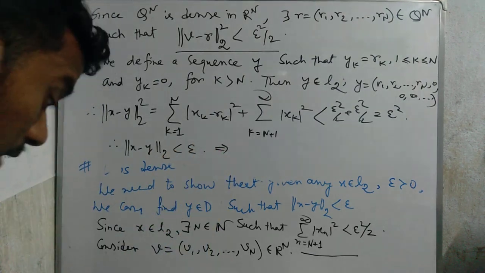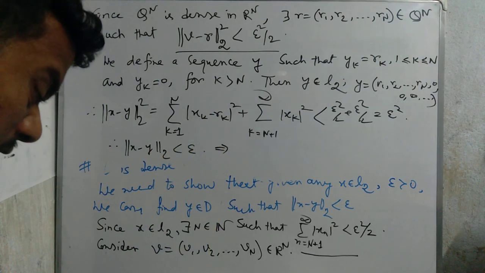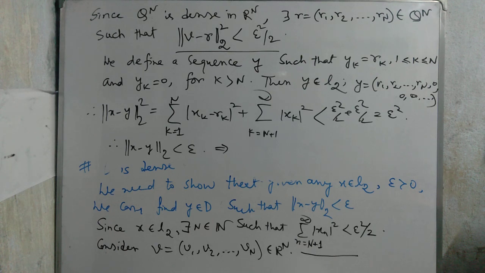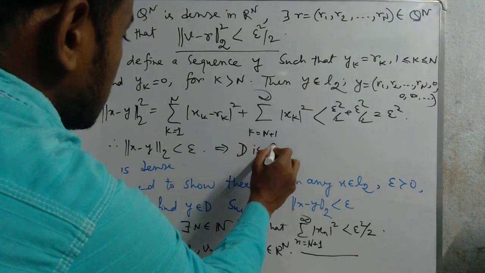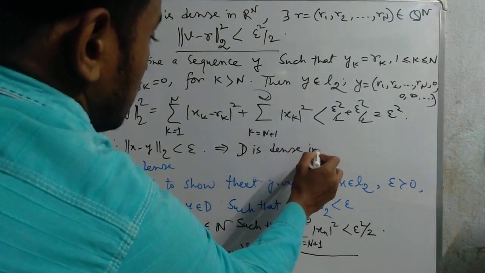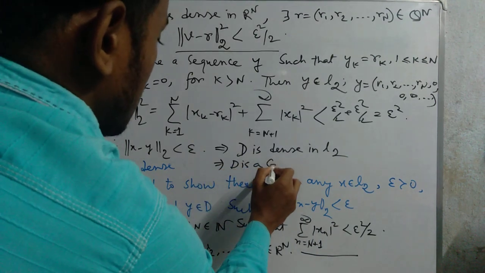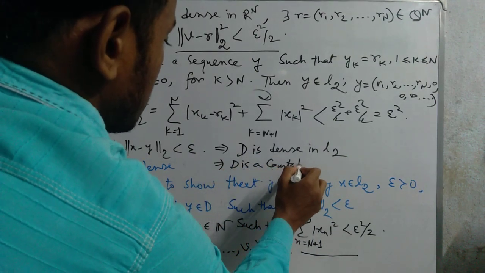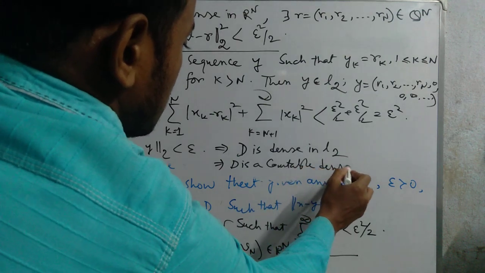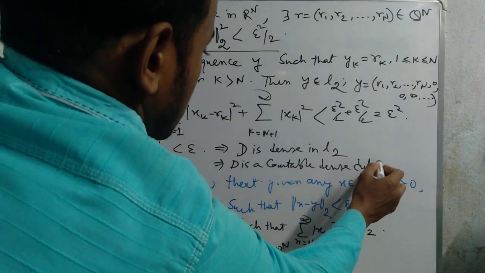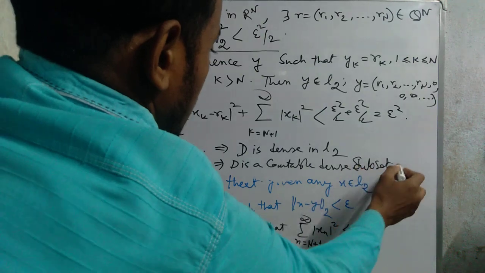This implies that D is dense in L2, and this implies D is a countable dense subset of L2.